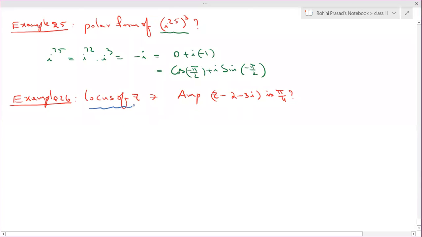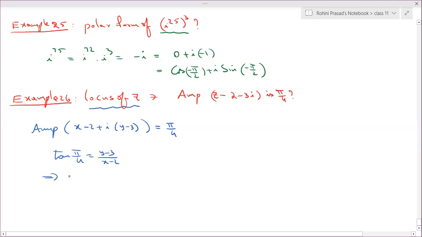So the locus of z satisfying this condition. The amplitude of z, which is x minus 2 plus i into y minus 3, is equal to pi by 4. So that means tan pi by 4 equal to y coordinate by x coordinate, y minus 3 by x minus 2.